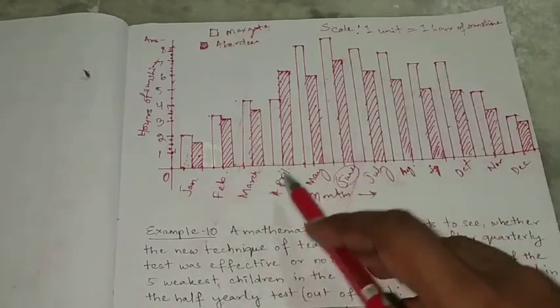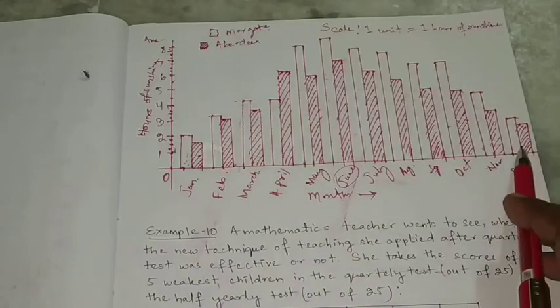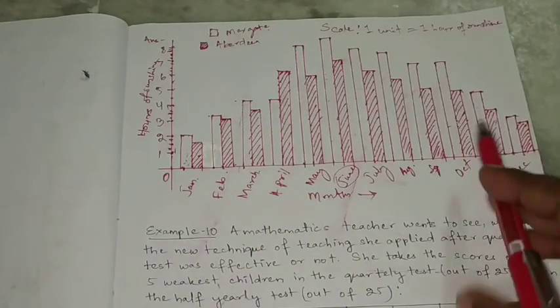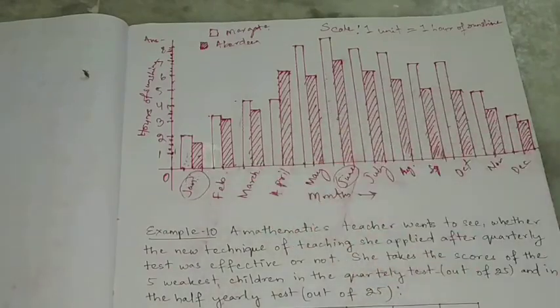So 1.5 is less than 1 and 3 by 4. So here we can see in January each city has minimum sunlight. So by looking at this, you can easily find out the answer.